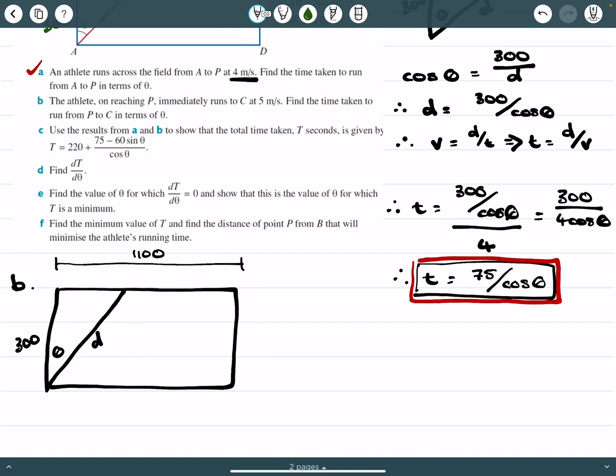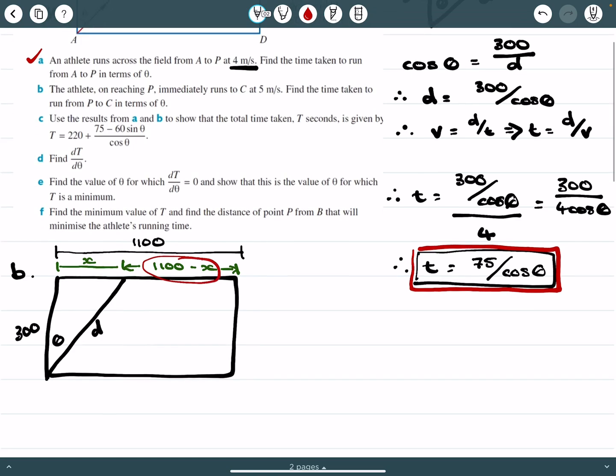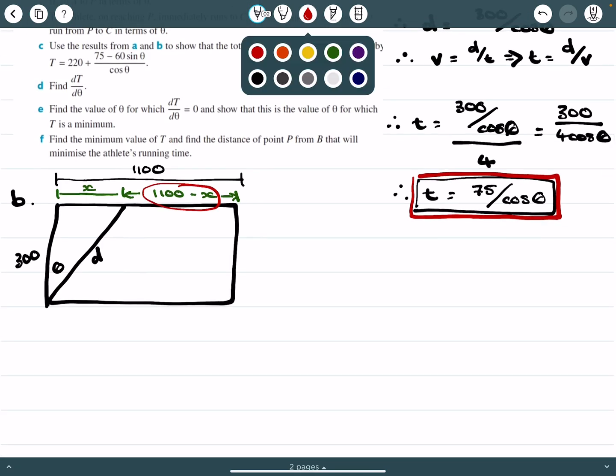But within here, I'm going to have some distance x, which the runner is not traversing. And the leftover distance is going to be 1100 minus x. So I want to make note of that, and what we're really looking to find is this distance here.